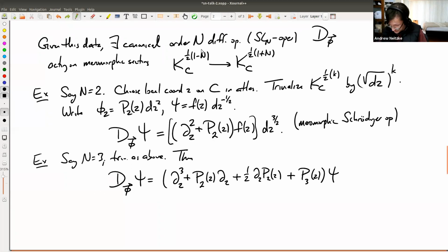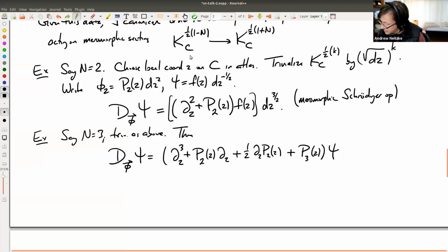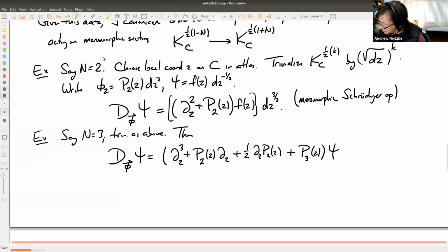Okay, but anyway, this is the statement. So we're interested in studying these kind of differential equations, and the way we're going to do it is one of these tricks where you introduce an extra parameter.